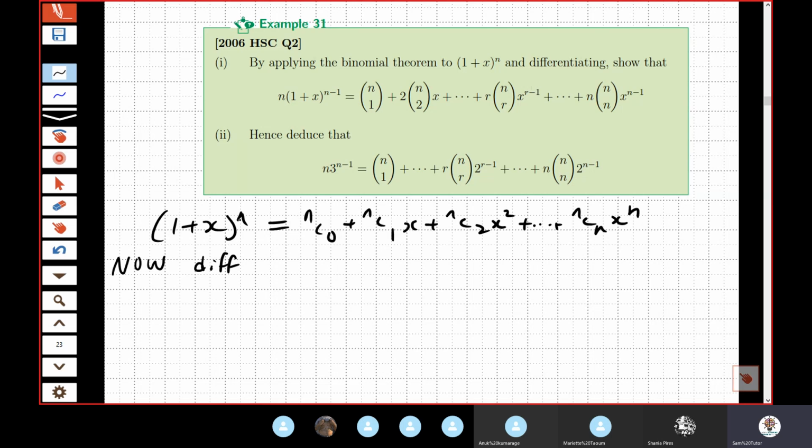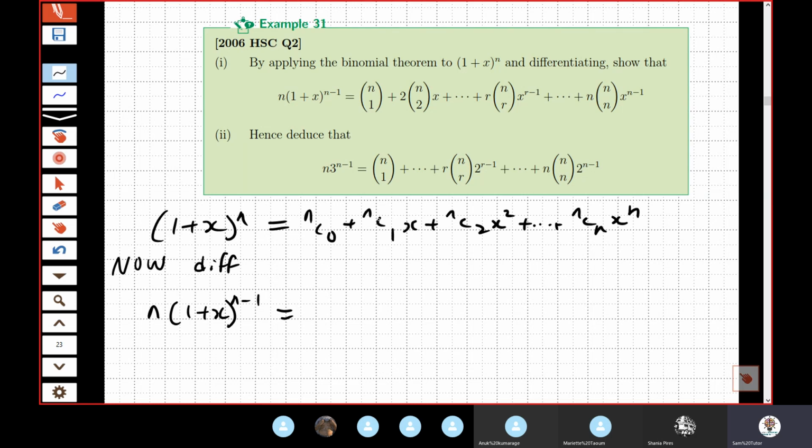Differentiate. So differentiate this guy. What do we do? Drop the n, keep the bracket the same, take away 1 from the power, and then usually multiply the derivative of the inside, which doesn't matter in this case. Equals n choose 0, constant. If it was like 1, that's gone.